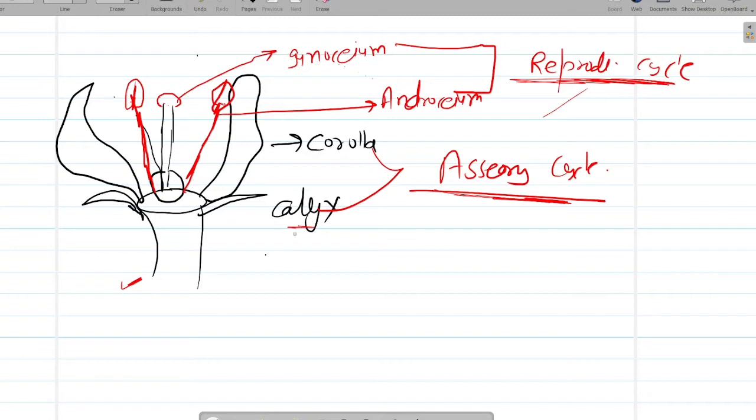Okay, now the outermost cycle is called the calyx, the second one is called the corolla, the third one is called the androecium, and the innermost cycle is called the gynoecium. Before knowing pollination, you should know the detailed structure of the gynoecium and androecium. Now let's take a look. This is your gynoecium.